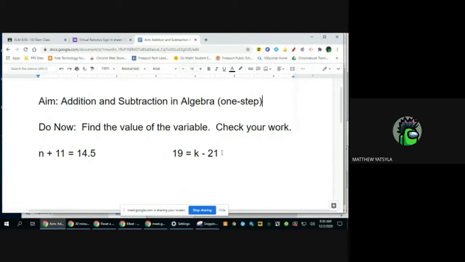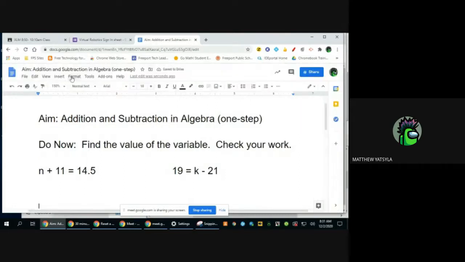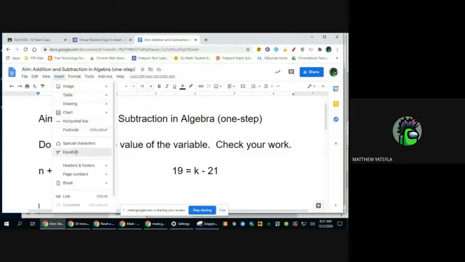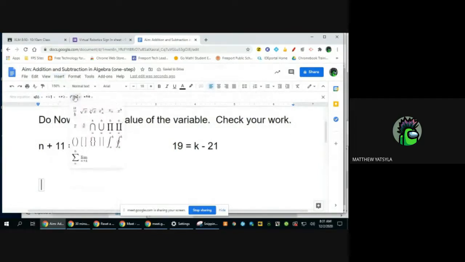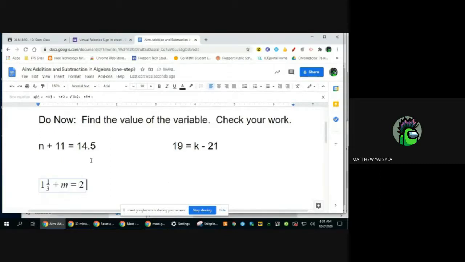Now, let's go ahead and make this a little bit more interesting. Let's do 1 1/3 plus m equals 2 1/4.